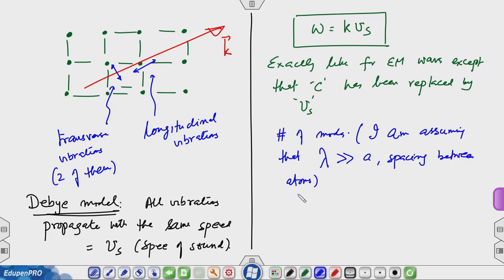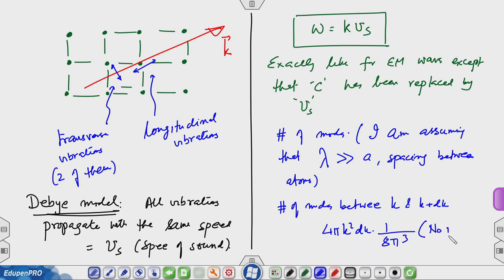between atoms. So, I am going to take a continuum model, and therefore, the number of modes between k and k plus dk again is going to be 4 pi k square dk times 1 over 8 pi cubed. No polarization here. Why? Because I am counting each mode separately. Each mode is independent.